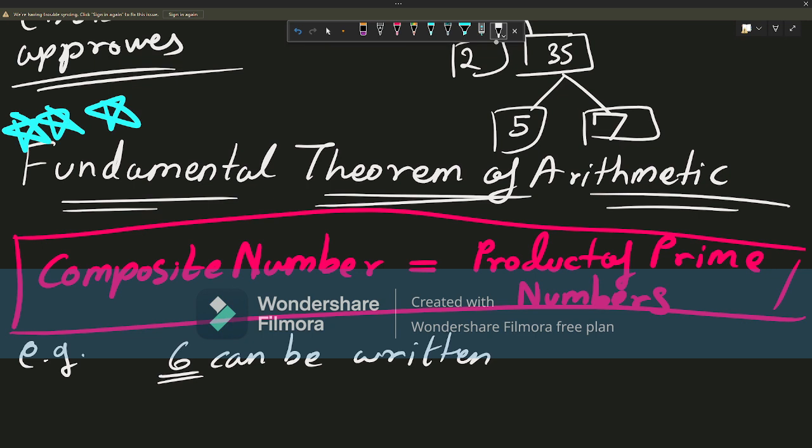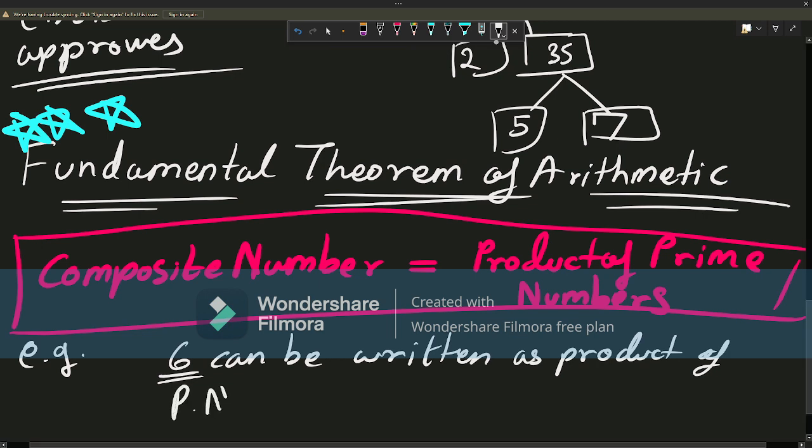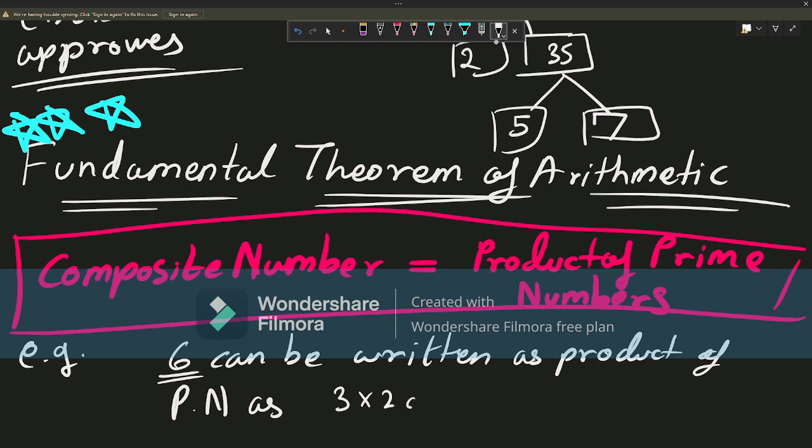So 6 can be written as a product of prime numbers, Pn, I am writing short form, as 3 into 2 or 2 into 3.